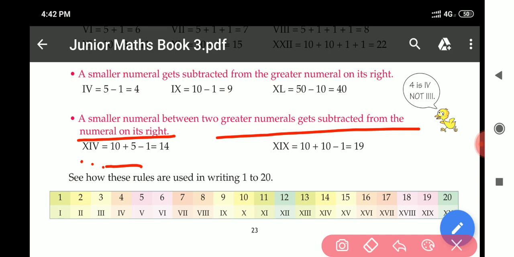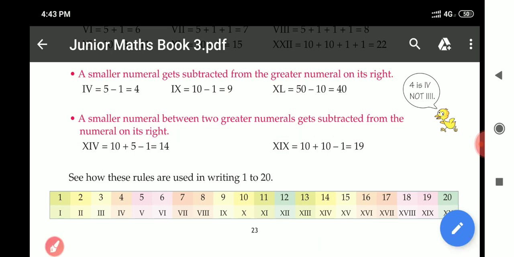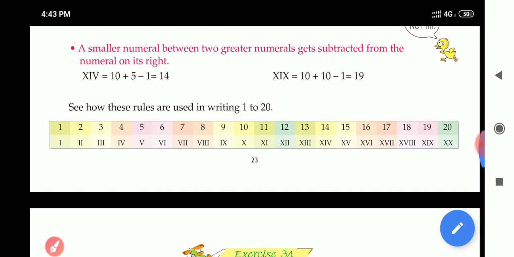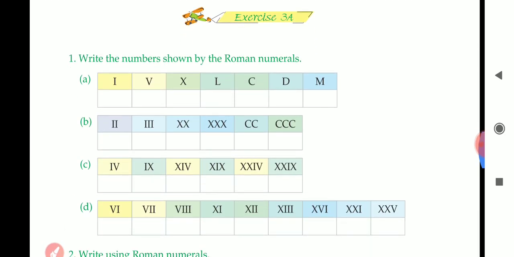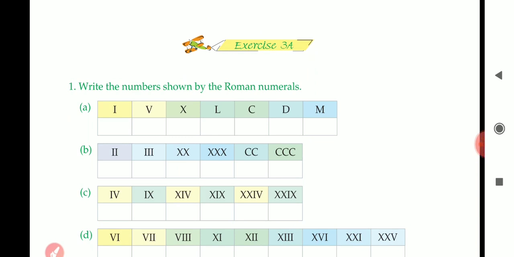Now, here 1 to 20 Roman numbers are shown, that is how we have to write down the Roman numbers 1 to 20. Okay. Now, come to the exercise. Exercise 3A. Write the numbers shown by the Roman numbers.